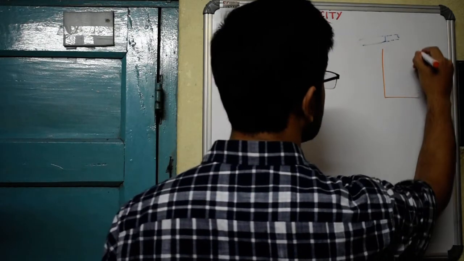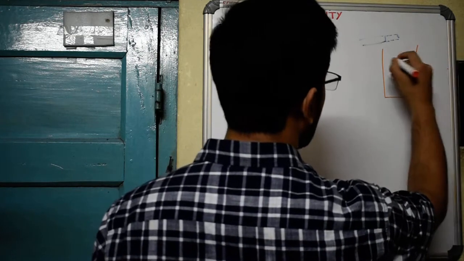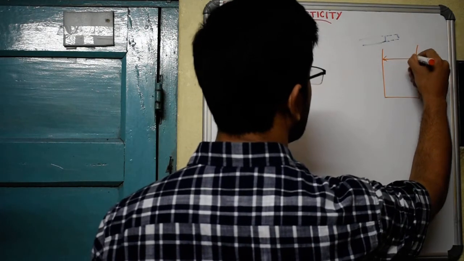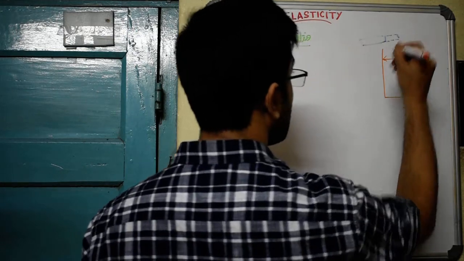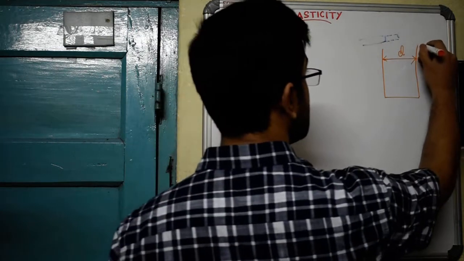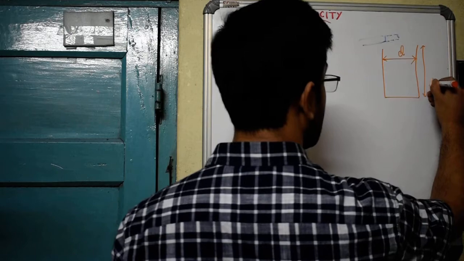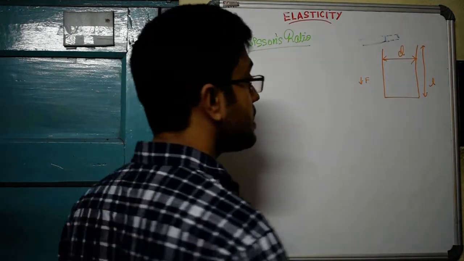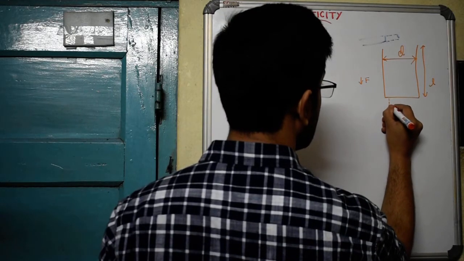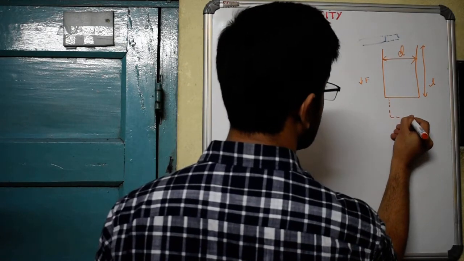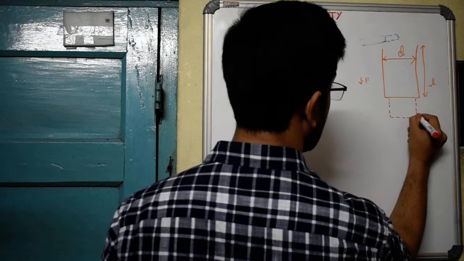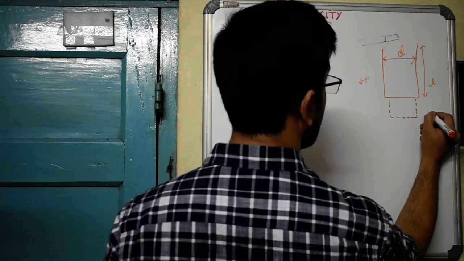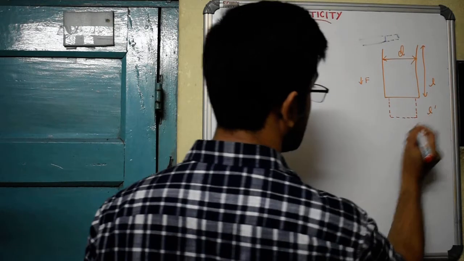So if this is the wire, which is initially having, say, a diameter d and a length L, then I am applying a force in this direction and trying to increase the length of the wire. So now I successfully do increase the length of the wire by an amount, say L dash.